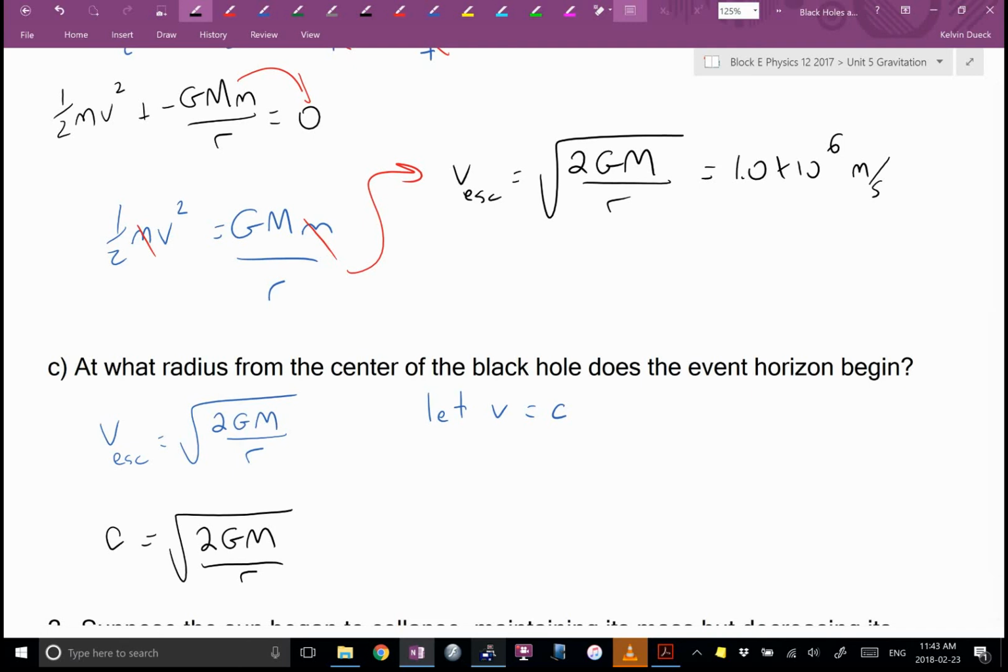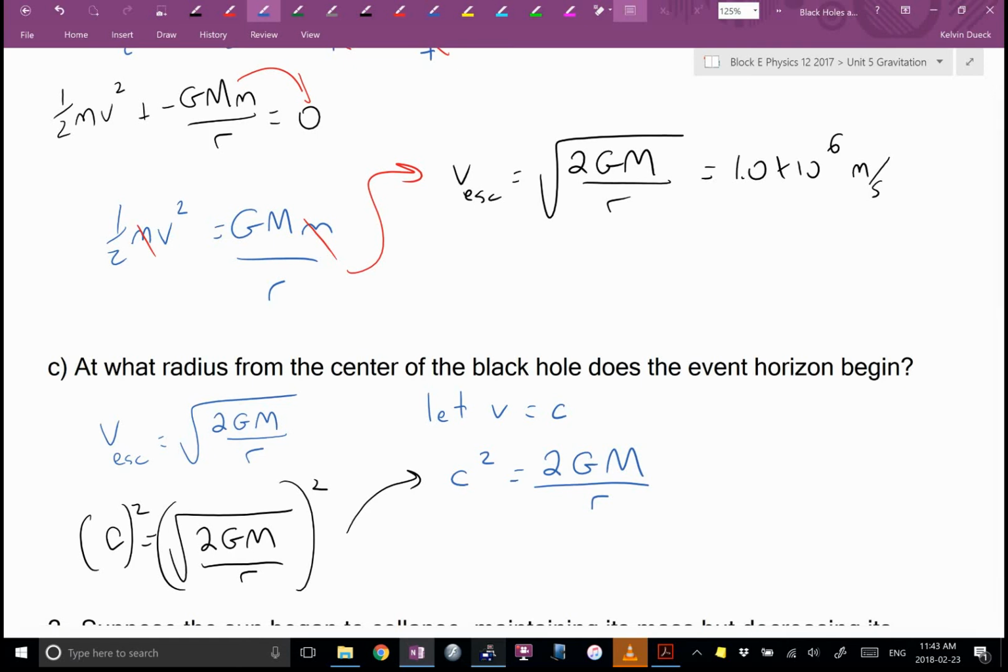Where is the R right now? Inside what? Square root. You learn this in math. Square both sides. Square that side and square that side. We end up with C squared equals 2 big G big M over R. How would I get the R by itself?